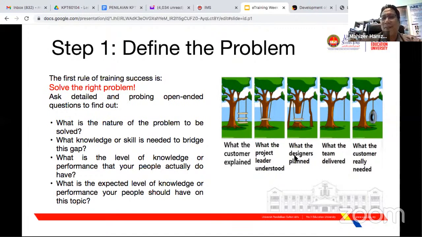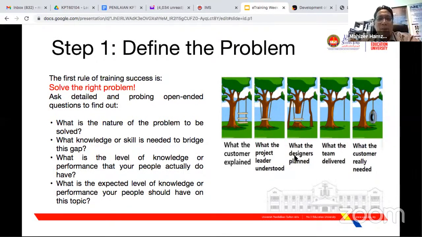Because sometimes if you use too many theories, they cannot absorb it. Nanti dia beritahu pening kepala, sakit kepala, dan dia tak boleh mengikutinya benda tu. So that's something that we should look at. Okay. To solve the problem, ask the detail about what are the questions that you should ask.